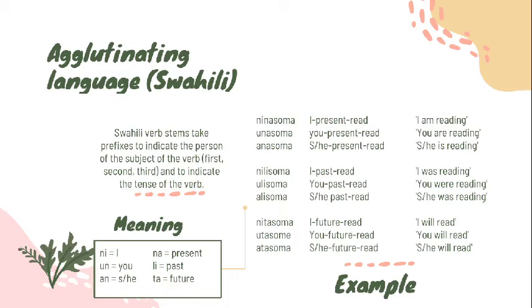It becomes "ulisoma." Li means past tense and u means you. And if you want to say future tense, you just need to change the li part to ta. For example, "utasoma." U means you and ta means future tense, and it means you will read.